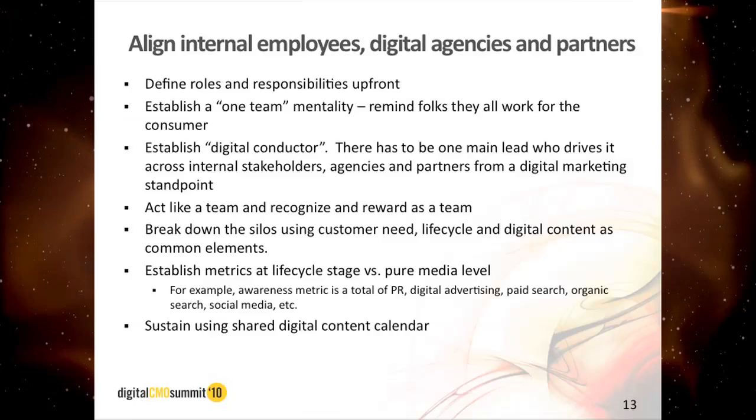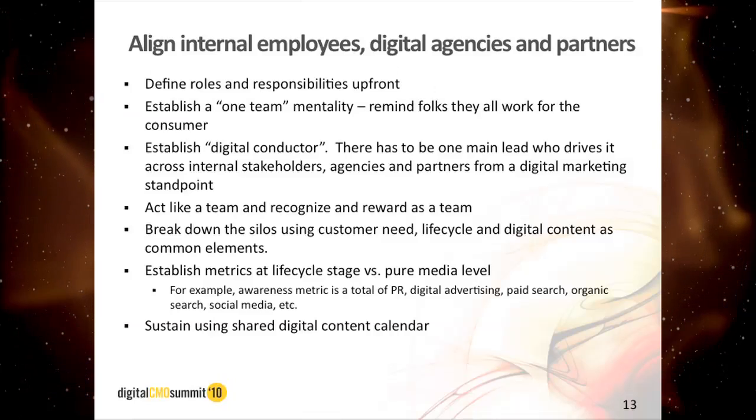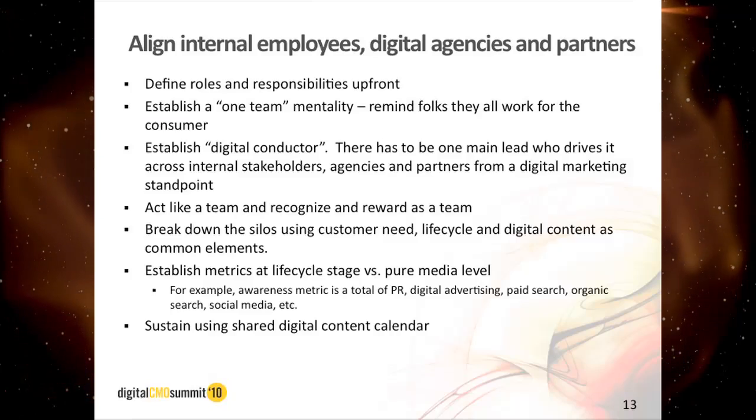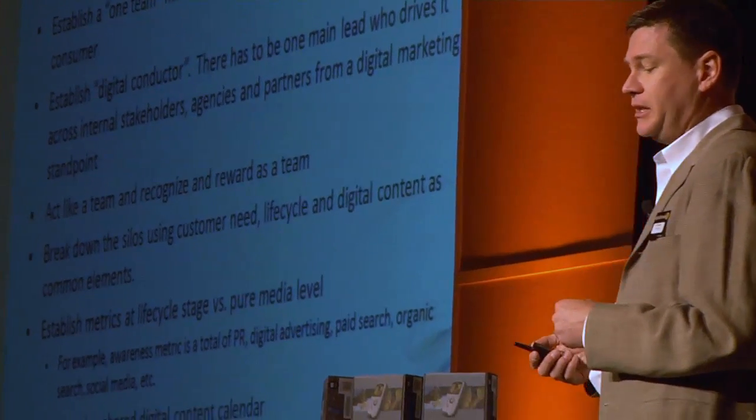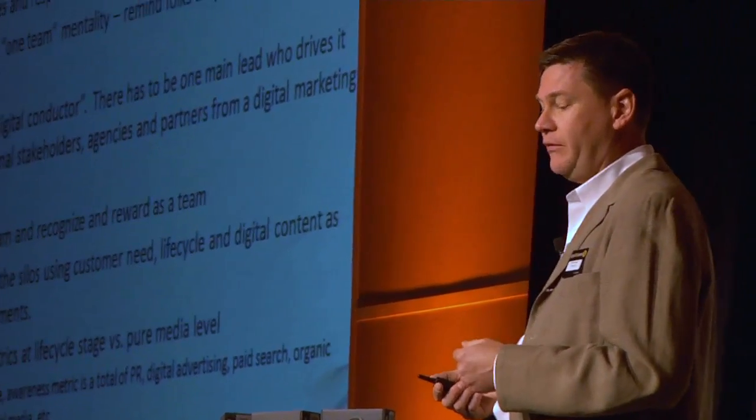We established the digital conductor, which is kind of my role, to see how all these pieces come together. We act and recognize each other as a team. We break down the silos using the customer need, lifecycle, and digital content, because it gives a common element across all of it. You have a common language and a common way of looking at it that we didn't have before. And then, as I've said, we establish metrics at the lifecycle stage versus the pure media level.